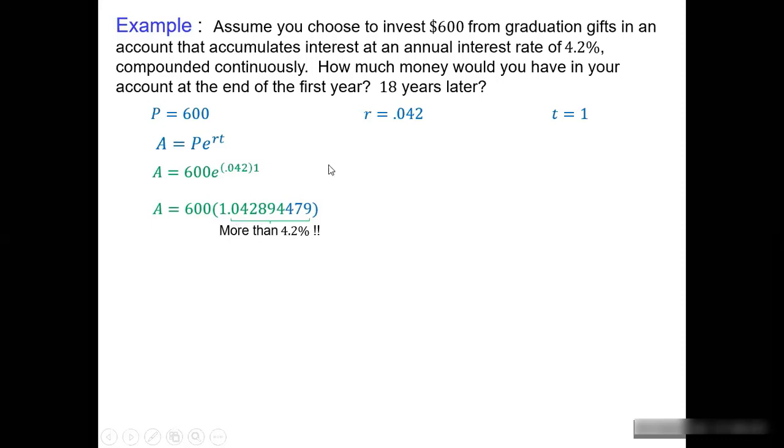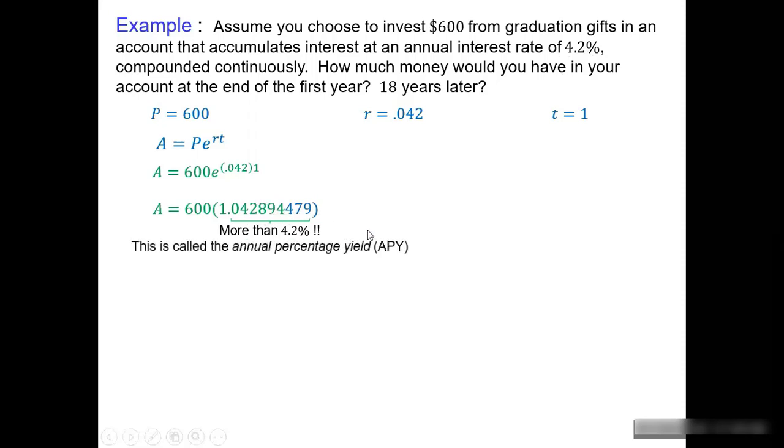But notice that we're actually getting more than 4.2% annually, because this is 4.2% on the interest that has been accumulated throughout the year. So if 4.2% is called the APR, or the annual percentage rate, then 4.289447 is considered the annual percentage yield, or the APY, what I actually get in my bank account.